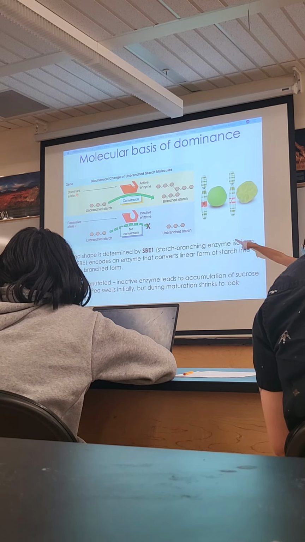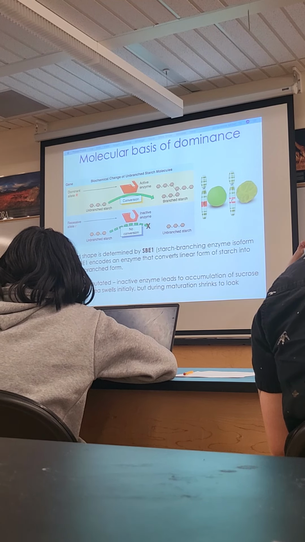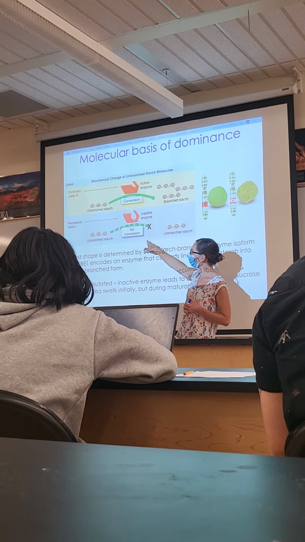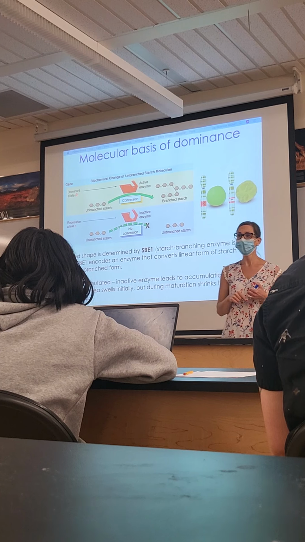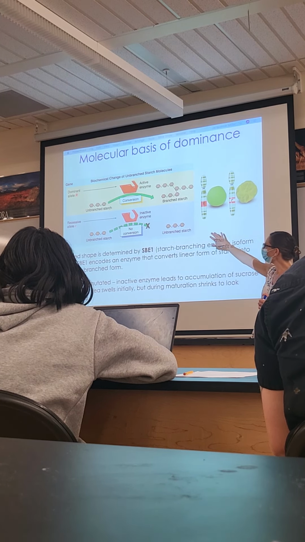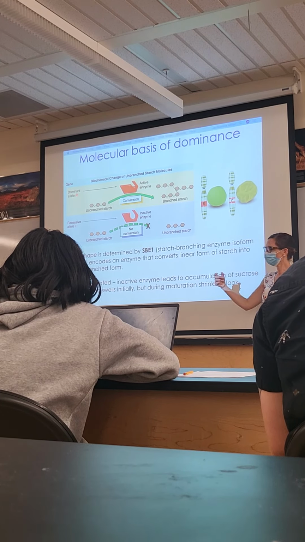The job of that enzyme is to convert the unbranched starch into branched starch. If that is mutated, in the little r, if you had 2 copies of that, you would have this inactive enzyme. It does not branch.